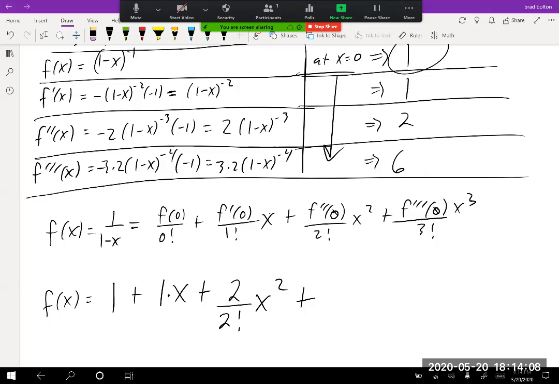F triple prime, this would be 6, but this is really 3 times 2 over 3 factorial, which is literally 3 times 2 times 1, times x cubed, and so on and so on. So look what we generate.